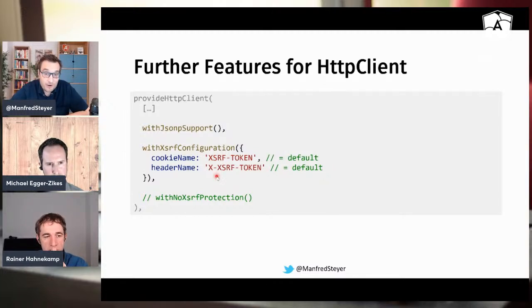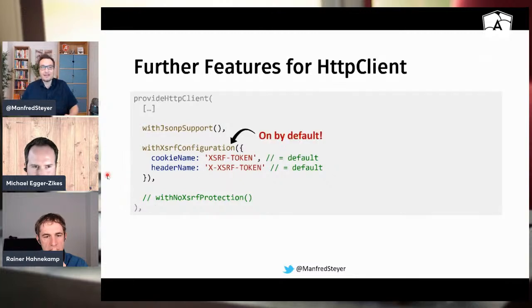If you want to switch out the XSRF configuration, you can use this feature here. The thing is, XSRF token handling is on by default, even if you don't call this function. This function is only there to fine-tune the behavior.